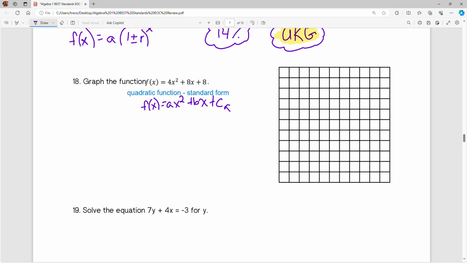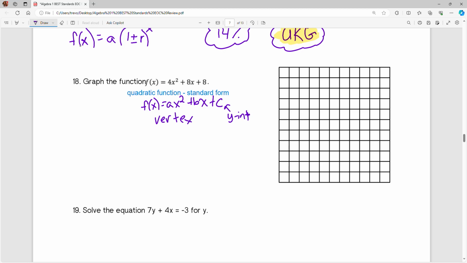Like a linear function in slope intercept format, in a quadratic function in standard form, that last number is again our y-intercept. And if I have one more really important point for the graph of this function, I can graph it with a y-intercept and the coordinates of the vertex.